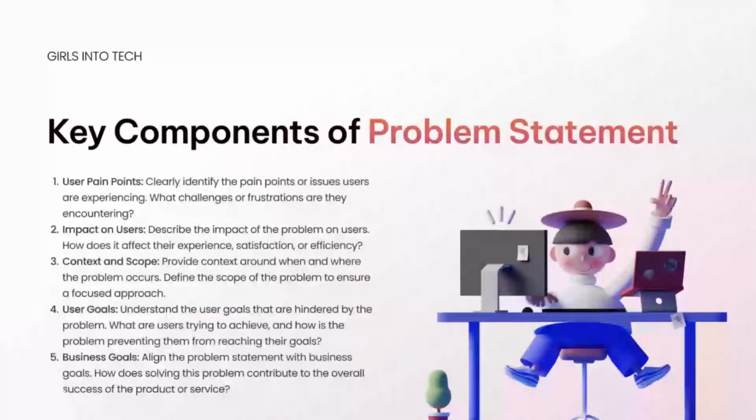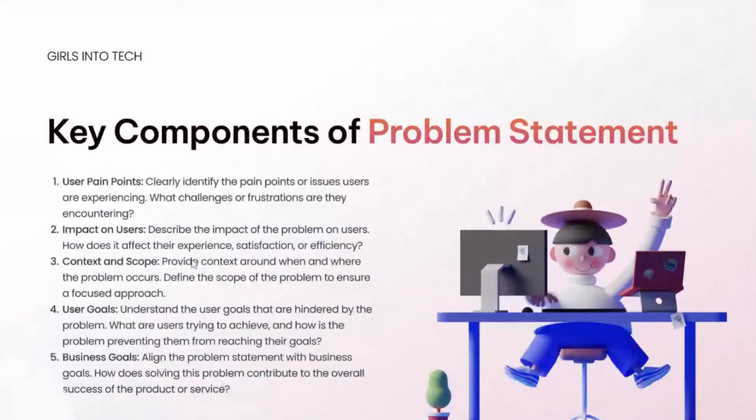Impact on user. Describe the impact of the problem on users. How does it affect their experience, satisfaction, or efficiency, right? We have context and scope. Provide context around where the problem occurs, when and where the problem occurs, right? You need to be able to state when the user is experiencing this problem and where, right?